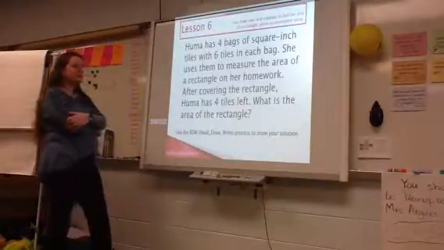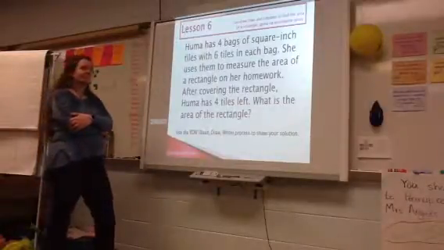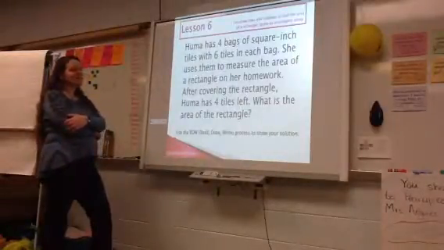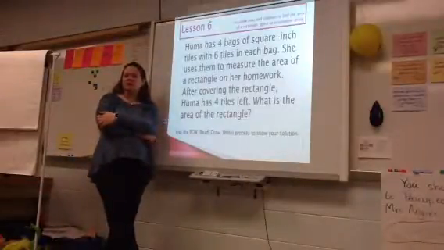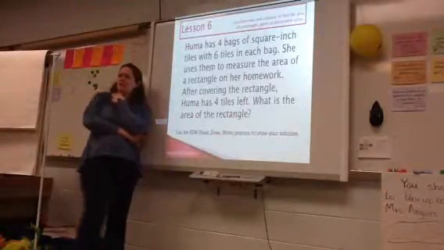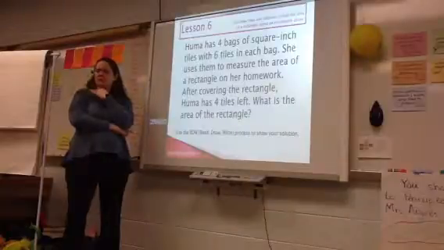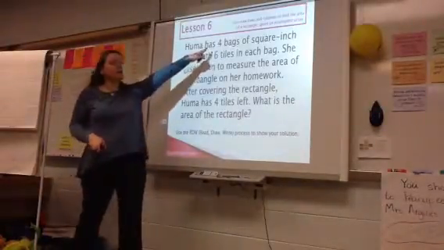Draw the rectangle. Well, I don't know what the rectangle is, though, do I? Use your tiles. First thing I need to figure out is how many tiles she uses. How many does she have? 4 times 6. So Addison, what are you going to do first? 6 times 4 equals 24. 6 times 4 is 24, right?